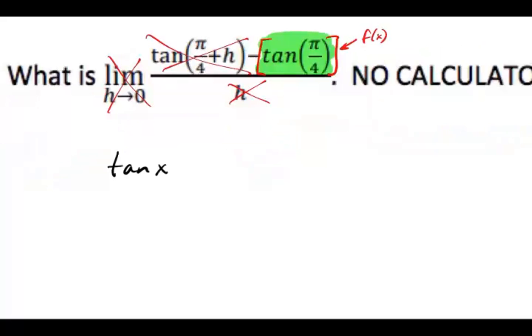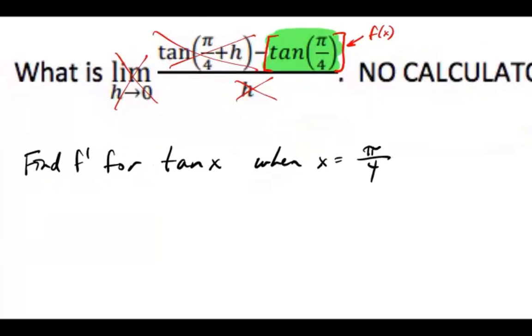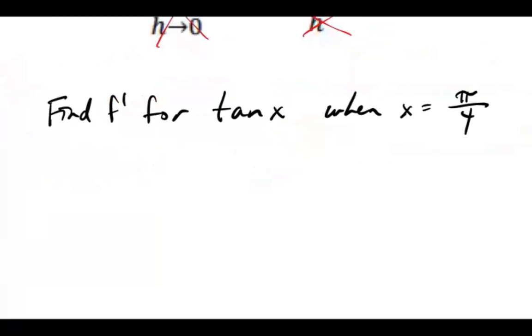Tangent of x. So what they're saying is, okay, find the derivative, find f prime for that guy when x equals pi over 4. That's what they're asking you to do.